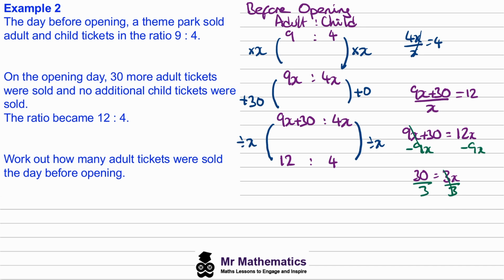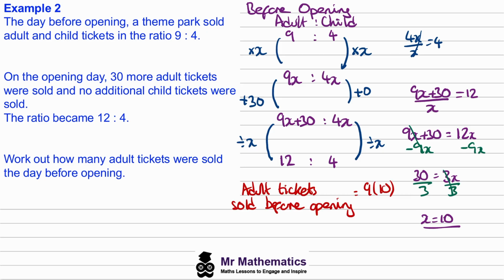And these will cancel. So x will equal 10. And to work out the total number of adult tickets sold before the day of opening, we can substitute this 10 into here. We'll get 9 lots of 10, and this will give us 90 tickets.